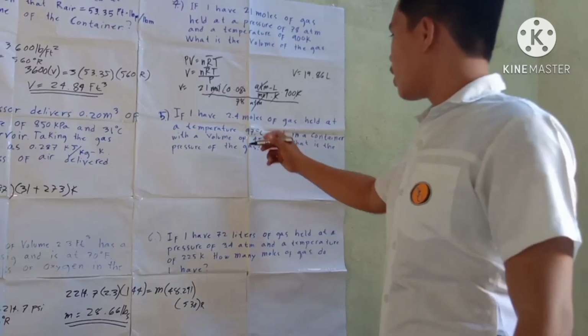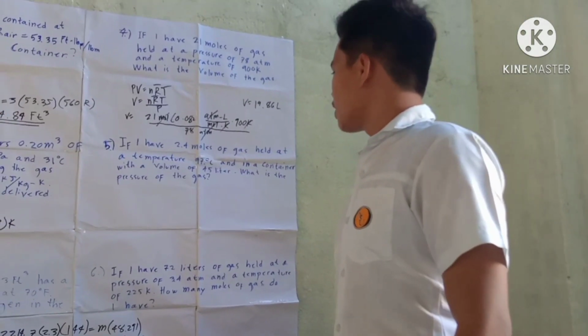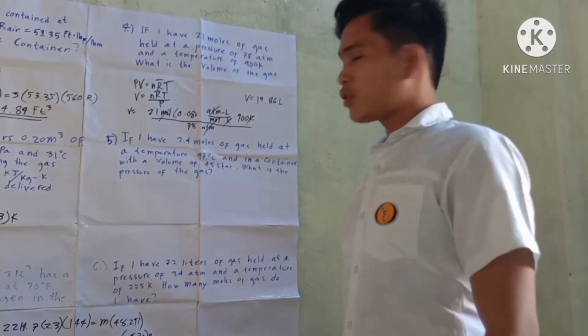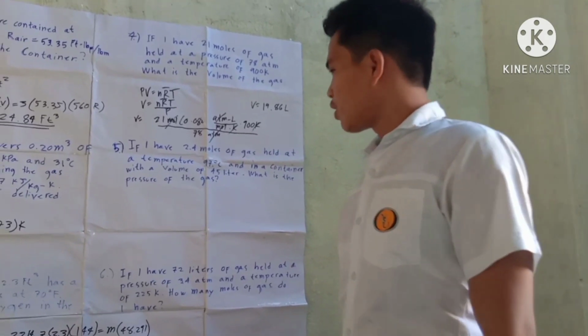If I have 2.4 moles of gas held at a temperature of 97 degrees Celsius in a container with a volume of 45 liters, what is the pressure of the gas?